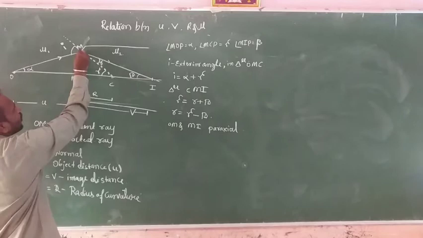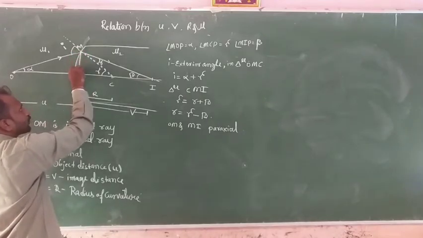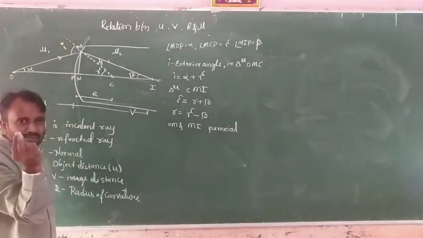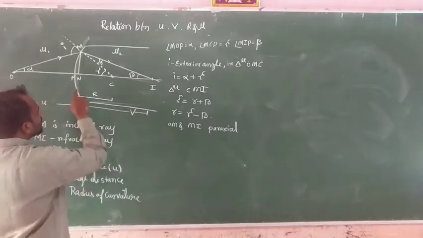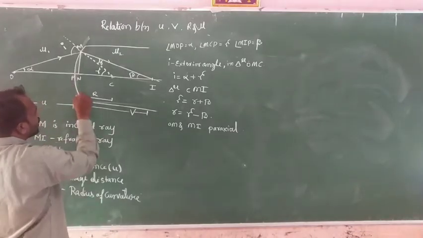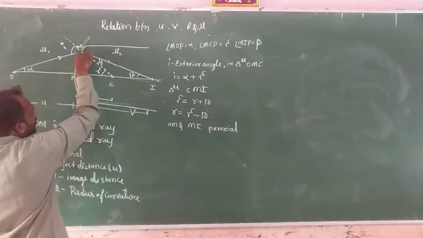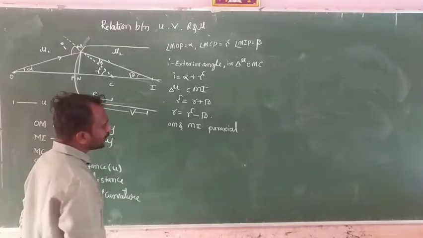So if you draw a perpendicular line, this one is N. PN is a very small distance, so this distance is negligible. So MP and MN are both the same.